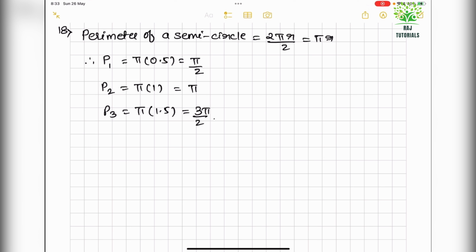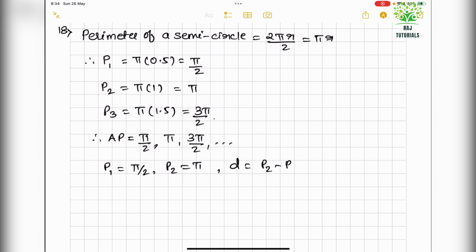So therefore my AP will be pi by 2, pi, 3 pi by 2 and so on. Now I got the AP. So now I can say which is which term. So see here P1, that is perimeter 1, is pi by 2, P2 is pi. So D will be P2 minus P1, that is pi minus pi by 2. So that will be half pi.